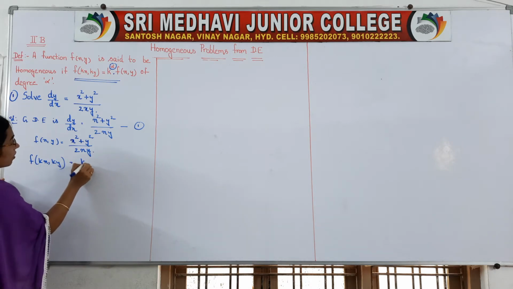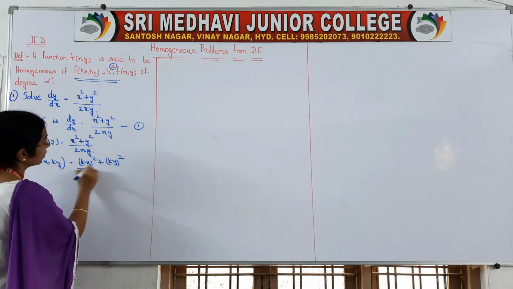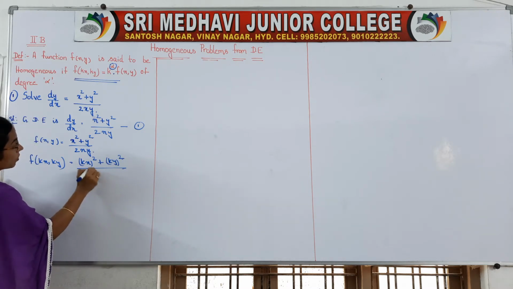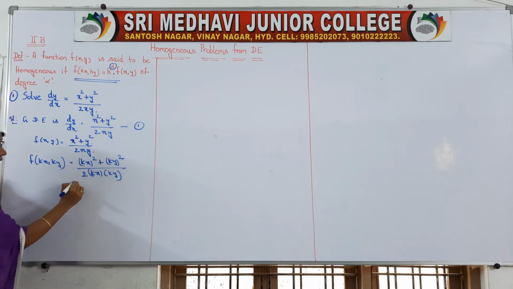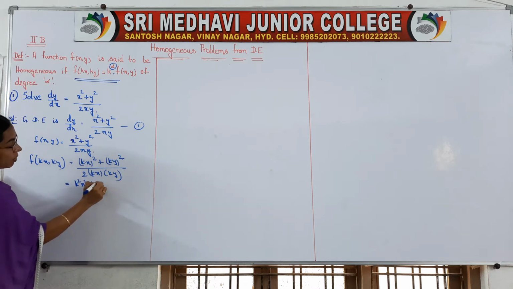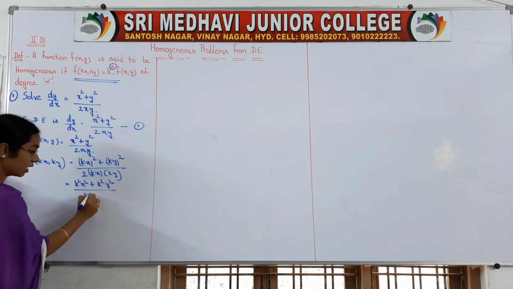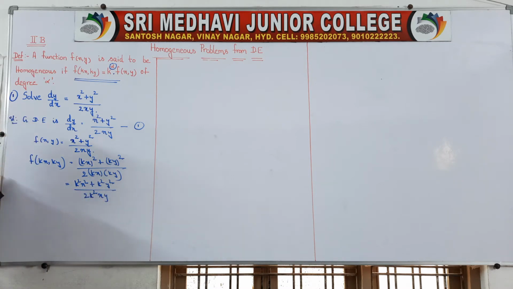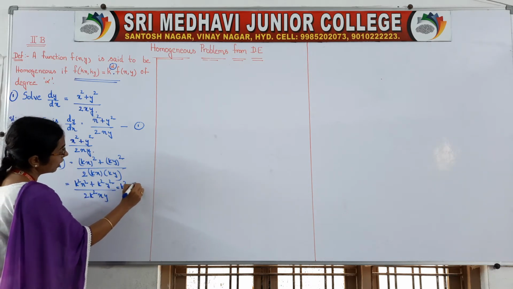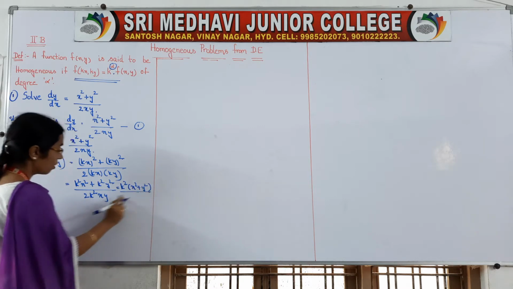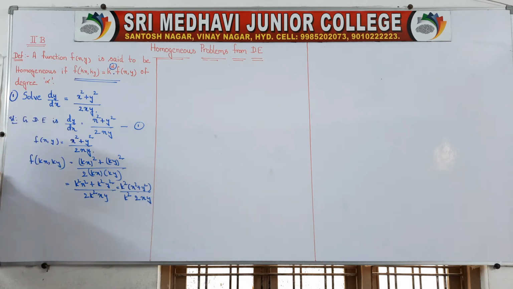So it is equal to kx whole square plus ky whole square by 2 into kx into ky, which is k square x square plus k square y square by 2 into k square x into y. From this we can take k square outside, x square plus y square, and from the denominator also k square outside, it is 2xy.